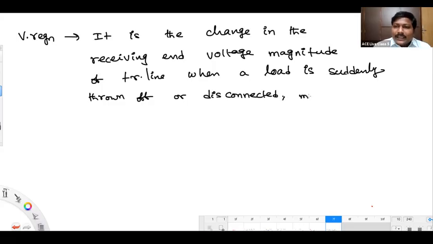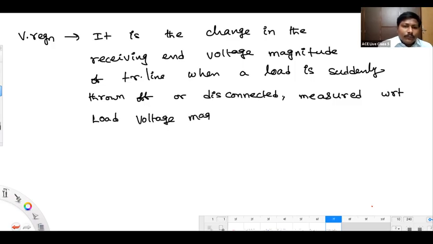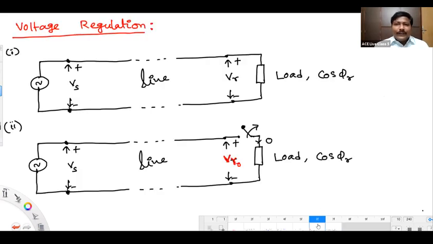Comma, measured with respect to load voltage magnitude. Please listen here. I have given two diagrams: one with loading, the next one after removing the load.